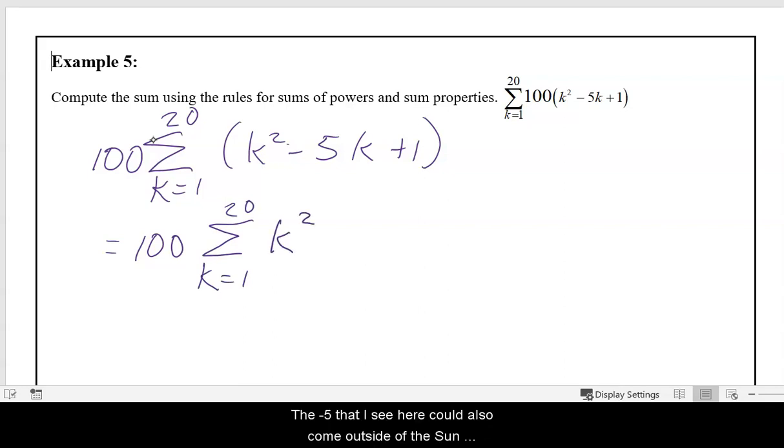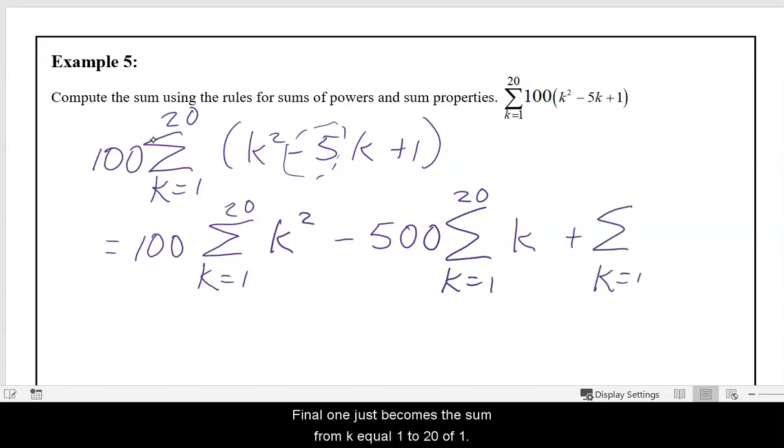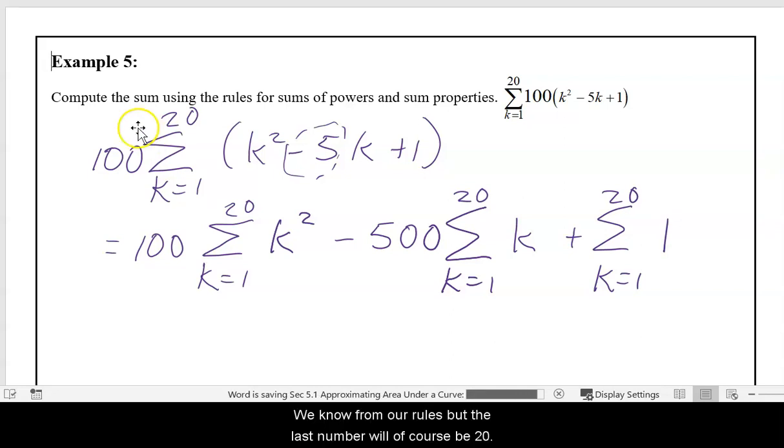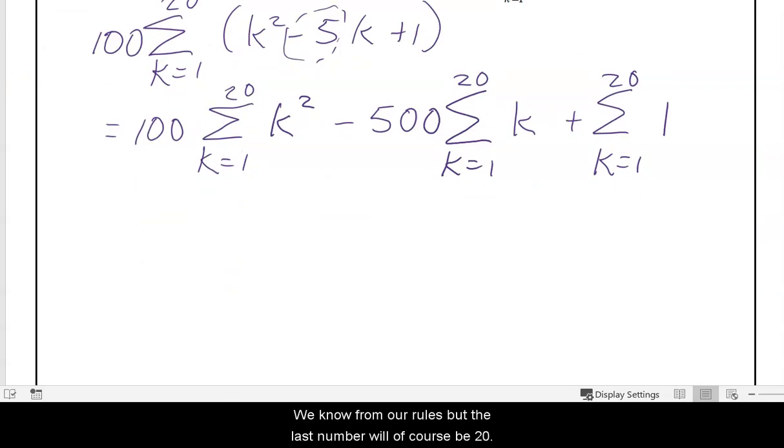The minus 5 that I see here could also come outside of the sum, and multiplied by the 100 would give me minus 500, the sum from k equal 1 to 20 of k. The final one just becomes the sum from k equal 1 to 20 of 1, which means basically add 1 to itself 20 times. We know from our rules that the last number will of course be 20.